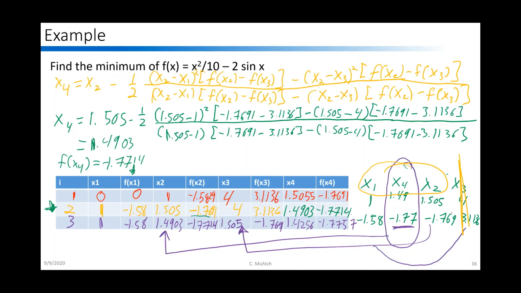We've almost got the same number. By the time we get to our 5th iteration, we have an error that's less than 0.0001, right? Because we're using more information about that local topography.